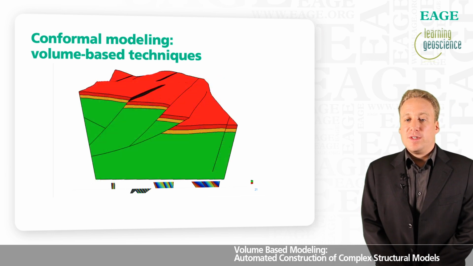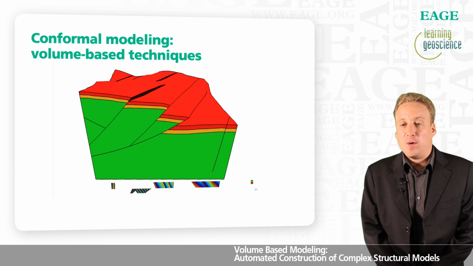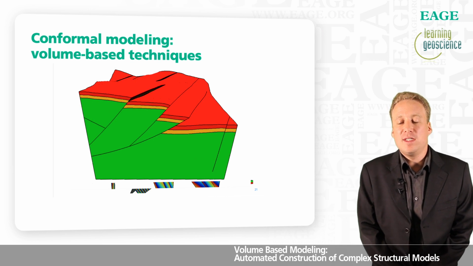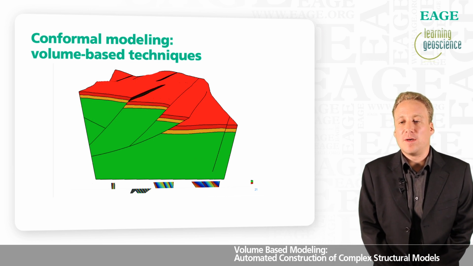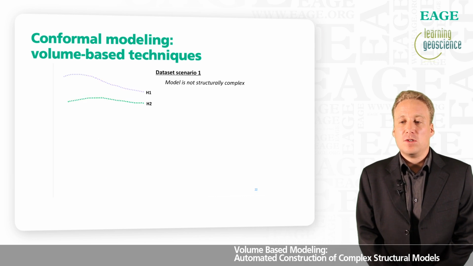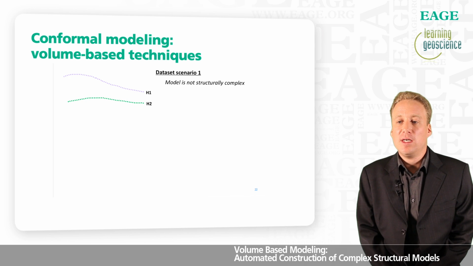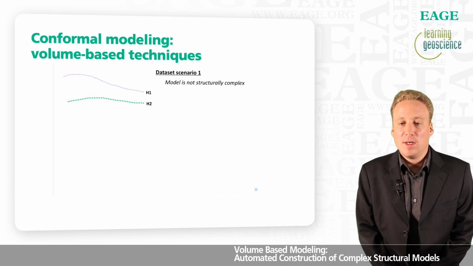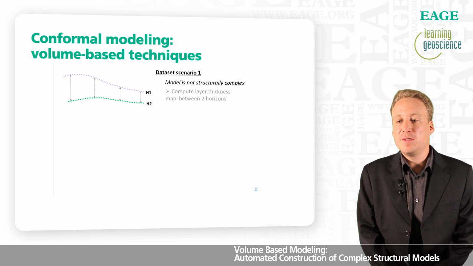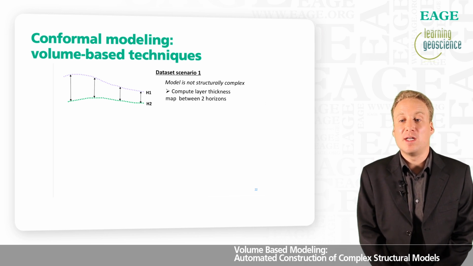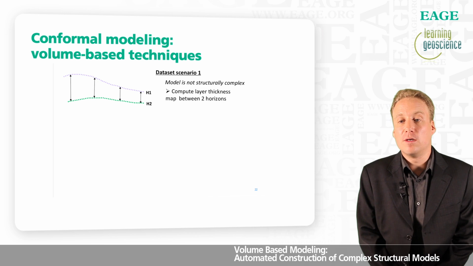Here is another type of problems that's not always easy to solve using surface-based techniques. So here is a very simple model without faults, and we are trying to build intermediate layers in this model. So we have two interpreted horizons, H1 and H2, and we are trying to build intermediate layers, for example, based on single well data.